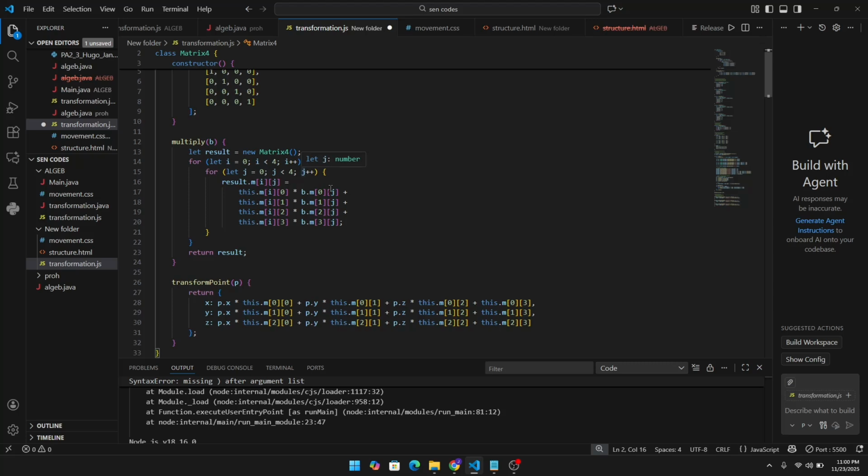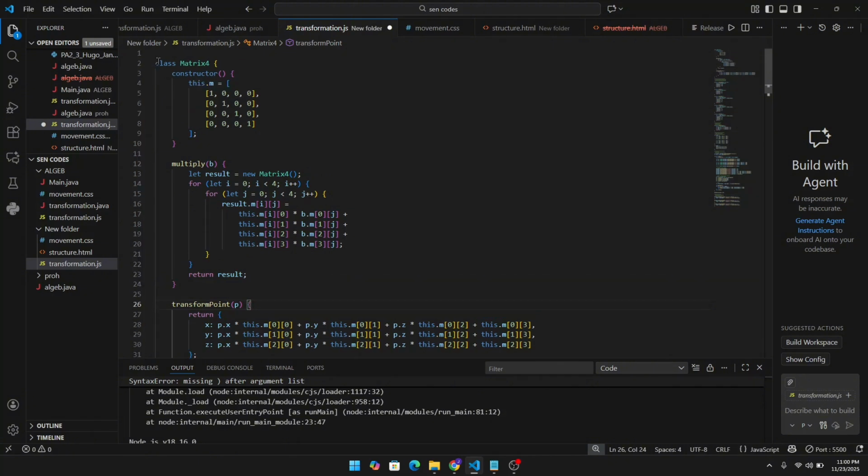It also has a function transformPoint, which multiplies a point by the matrix. This is the core of the math for this program.